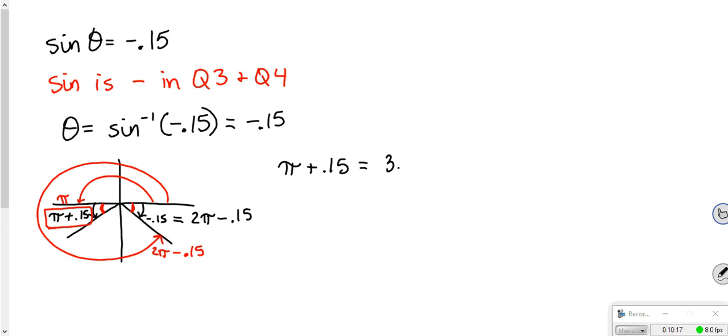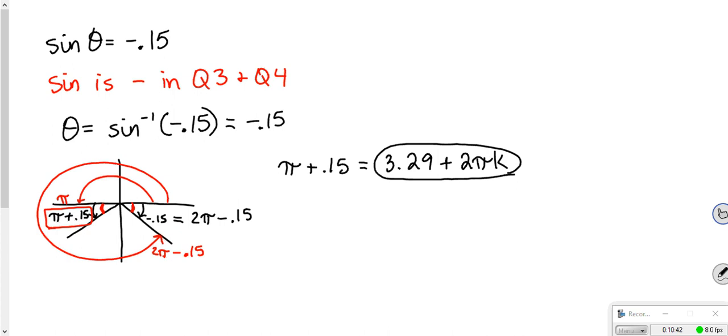We get 3.29. Okay, now 3.29 again is one of the 2 answers, but it is going to cycle every 2 pi. Okay, it's going to cycle around. So again, we have to add 2 pi k to that. That's one of our answers.